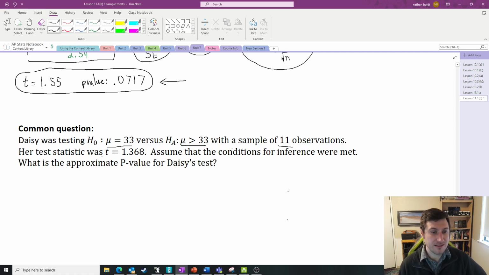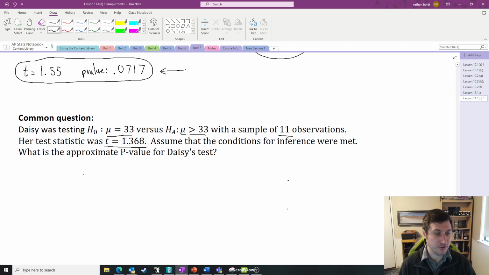Her test statistic was t equals 1.368. Assume that the conditions for inference were met. What is the approximate p-value for her test? Well, that's obnoxious because we don't have the sample statistics. So we can't plug this into our test on the calculator. We are forced to do the TCDF.